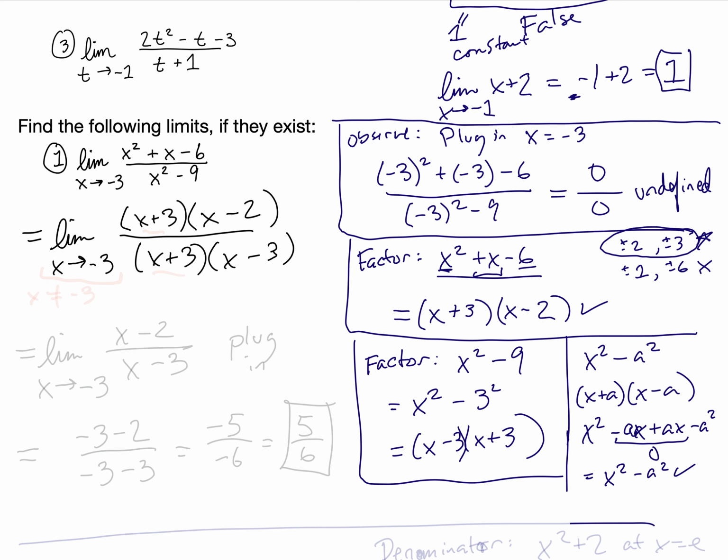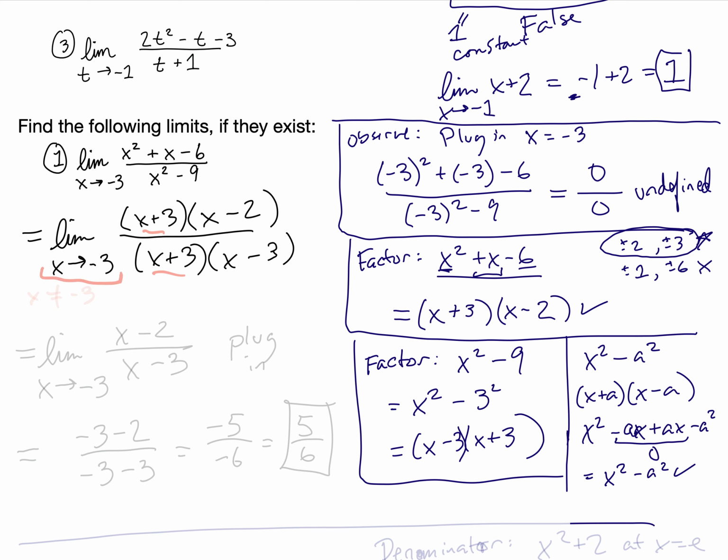And now we can see, do these terms have anything in common? And in fact, they do. They've got this x plus 3 in common. Can we cancel it out? Well, yes, we can cancel it out because this is the limit as x approaches negative 3.